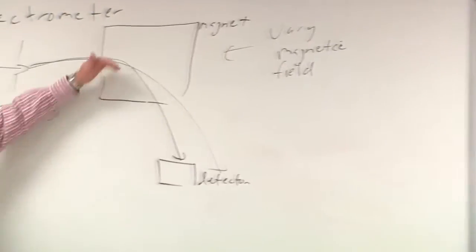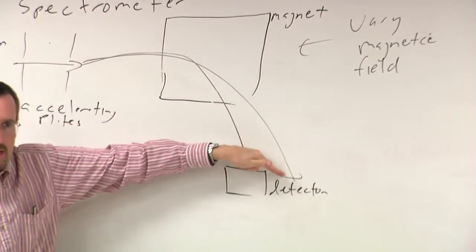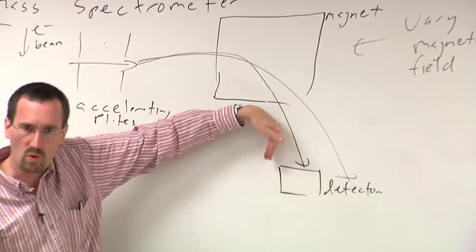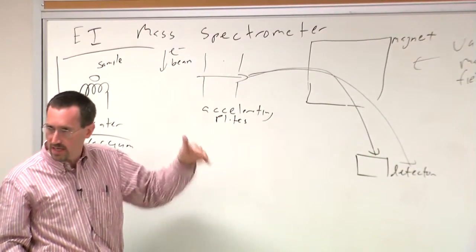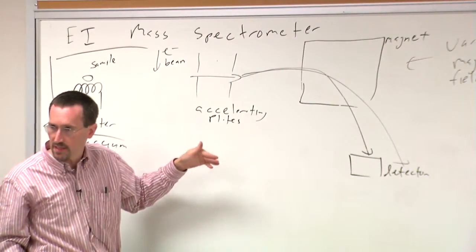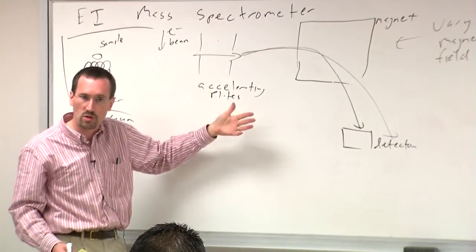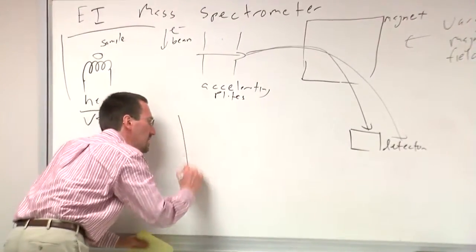And in doing so, as you increase the magnetic field, those molecules that are deflected less will then get deflected more. And if you plot versus magnetic field the current, then you basically get a graph, and that graph translates to mass to charge ratio versus intensity.